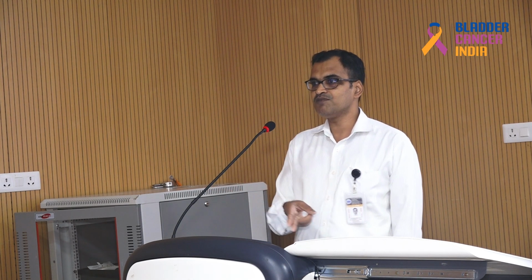This plasmacytoid subtype, how will we identify it's a plasmacytoid type of urothelial carcinoma, especially in biopsy? Plasmacytoid subtype is identified by its plasmacytoid appearance, number one. Number two, if we put immunohistochemistry, it will show IHC markers for plasma cells as well as for urothelial markers like GATA3. So it will be positive for CD138 as well as for GATA3.